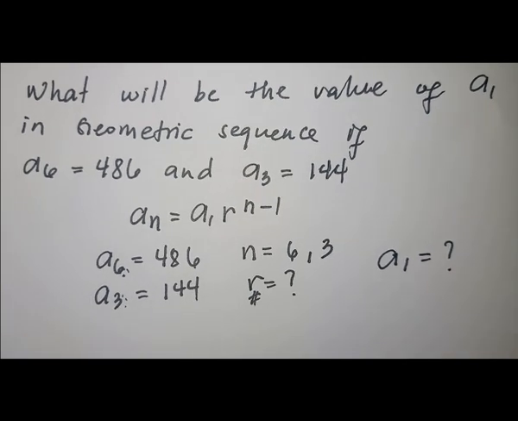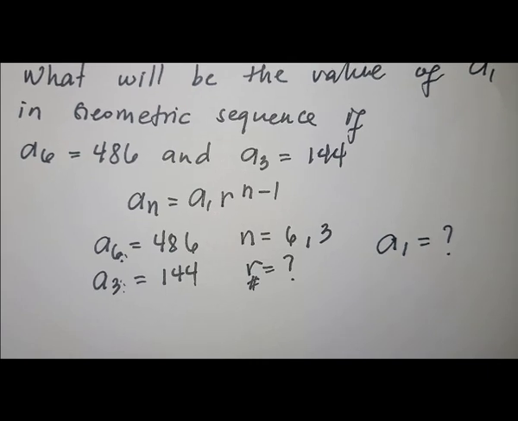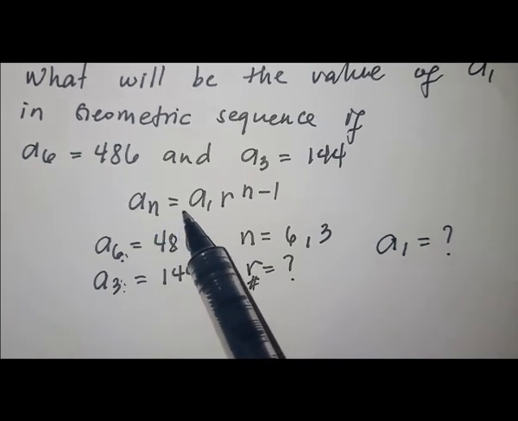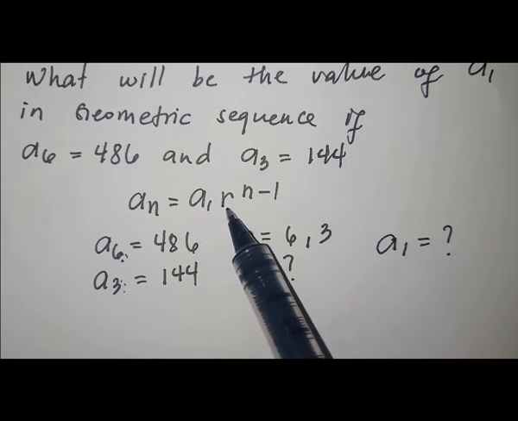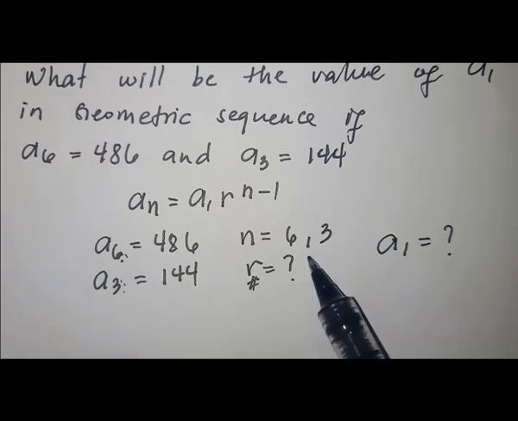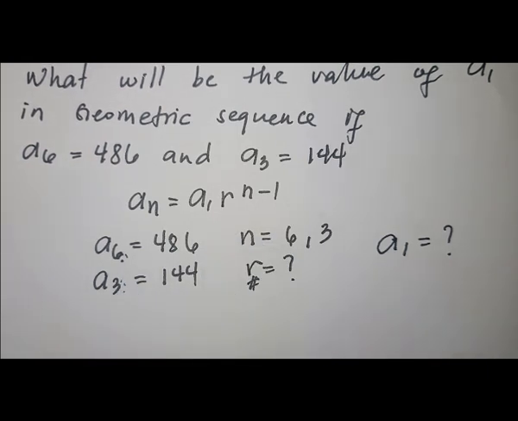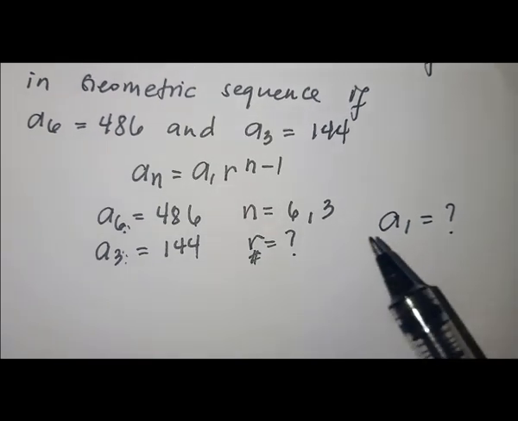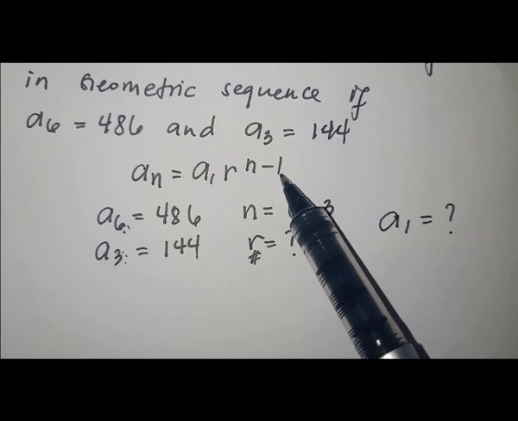Ngayon, sa ganitong klase ng problem, alam natin na ang formula natin ay a sub n is equal to a sub 1 times r raised to n minus 1. Wala tayong first term na pwedeng magamit para mahanap yung common ratio. So, ganito yung gagawin natin. Kung mapapansin natin, doon sa formula natin, minus 1.